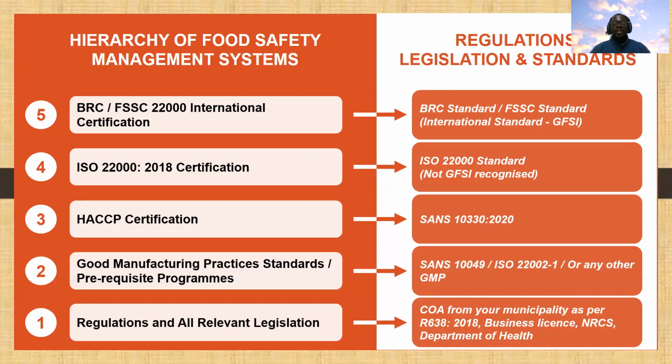So this is more suitable for organizations that are exporting, organizations that are big and that want international recognition. British Retail Consortium is more popular in Europe, and it is mostly used by people exporting to Europe. And then FSSC 22000 International is popular worldwide, no matter where you are exporting to.